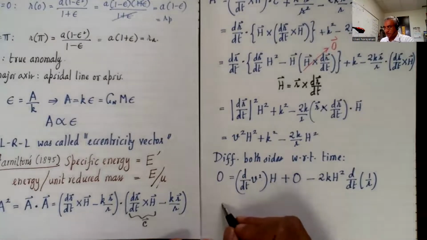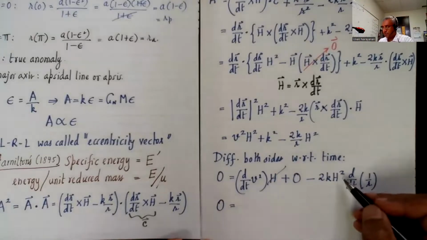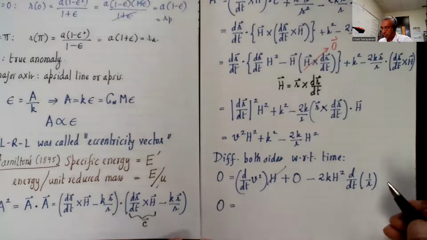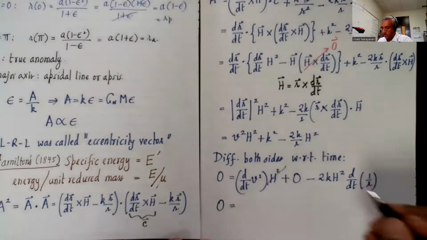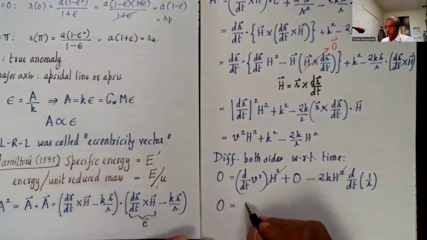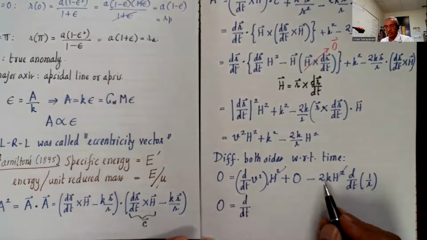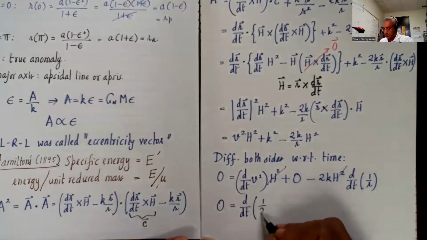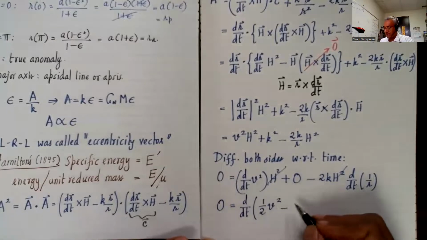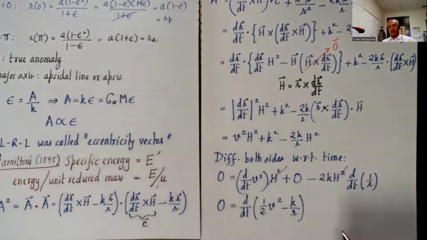So this gives me 0 equals, I'll divide both sides by h. Actually there's h squared here, sorry. I'll divide both sides by h squared. So this is equal to d by dt. Also, I'll divide both sides by 2. Why not? So I get half v squared minus k over r, and that's equal to 0.